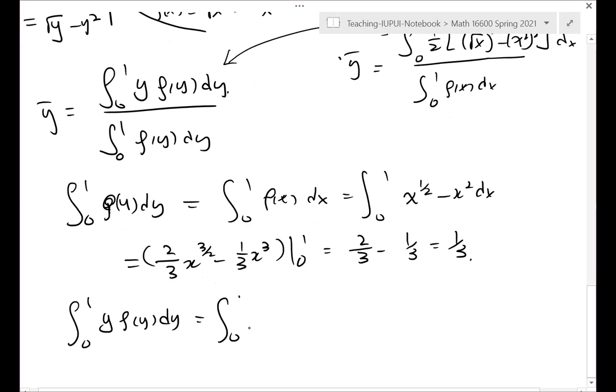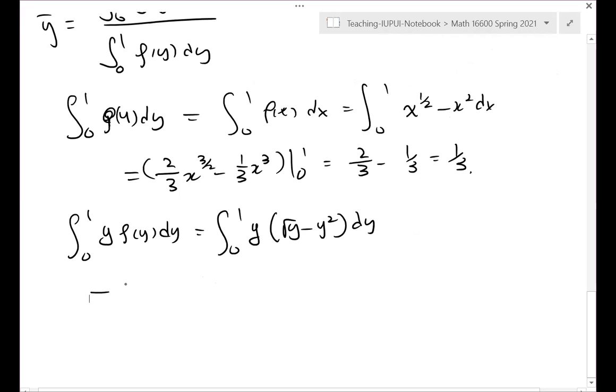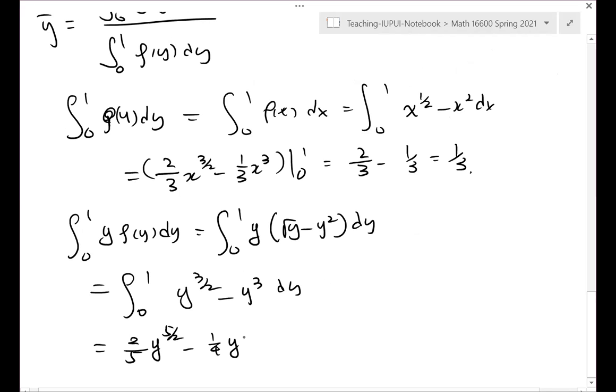It's the integral from 0 to 1 of y times the square root of y minus y squared, dy. Let's evaluate this integral: y to the 3/2 minus y cubed. The antiderivative is 2/5 y to the 5/2 minus a quarter y to the 4th power.